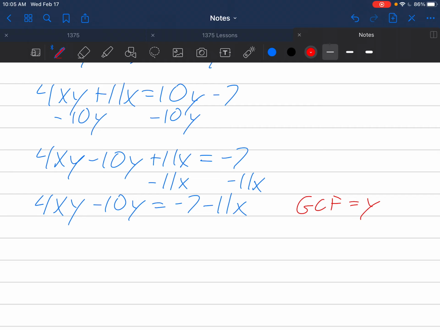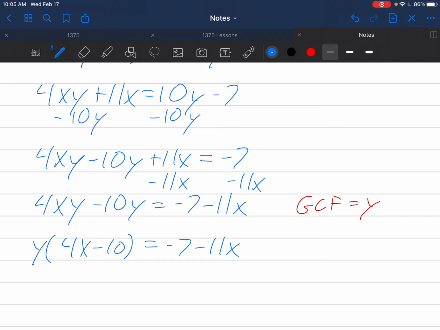We can't divide by anything on the entire equation that's going to make things work out. So let's factor out our y. So we get y times 4x minus 10, and that's in parentheses. This is equal to negative 7 minus 11x.